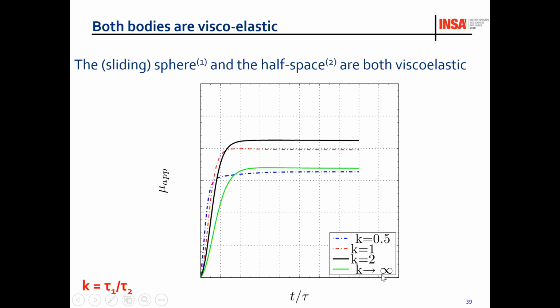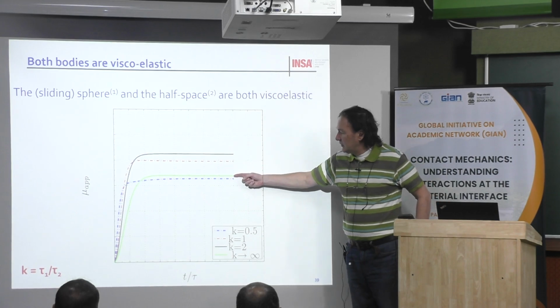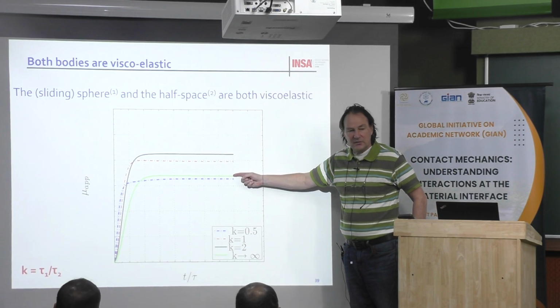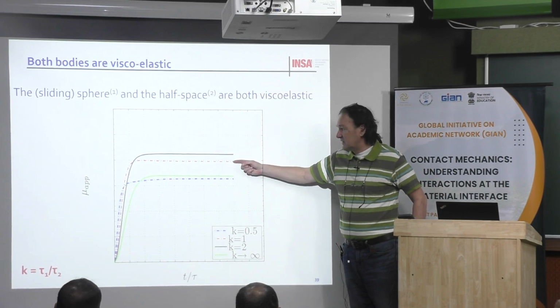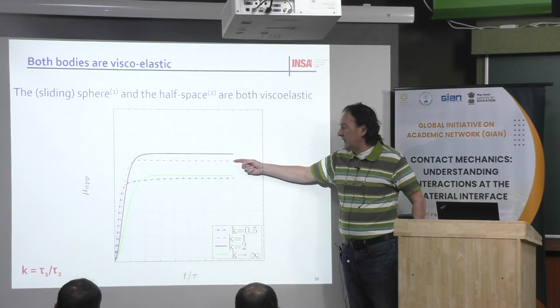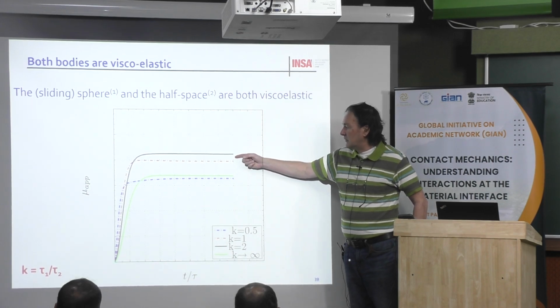Case tends to infinite. This one corresponds to one viscoelastic material. In other words, this is in green one viscoelastic material, so two same viscoelastic materials, then one viscoelastic against a rigid one. This is two viscoelastic materials which are the same. Then you increase the apparent friction coefficient. There is some optimum.